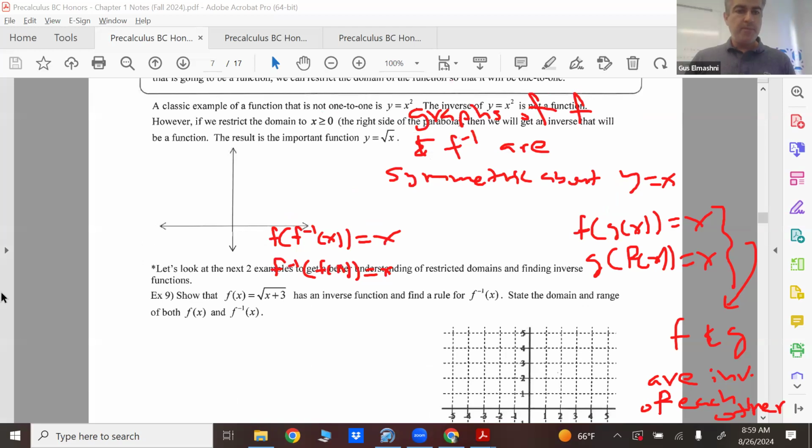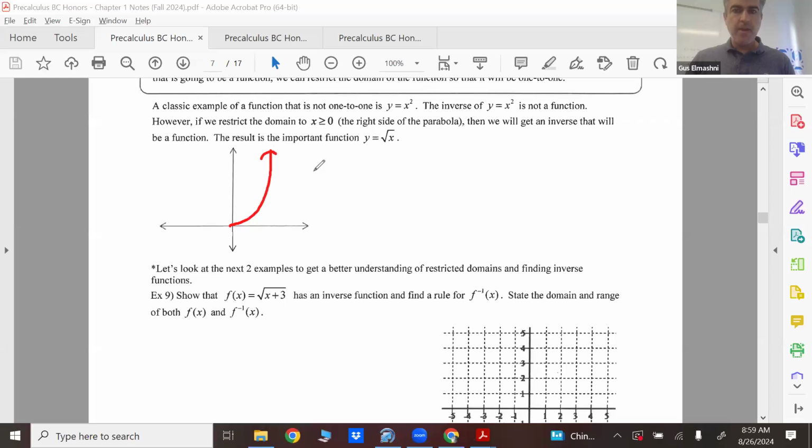So, for example, y equals x squared. What if I just restrict this domain? That's y equals x squared with the caveat that x is greater than or equal to 0. So the inverse, y equals root x, is like that. Because technically speaking, it's x equals y squared, and we solve for y. Where are you supposed to put something when you solve for y?